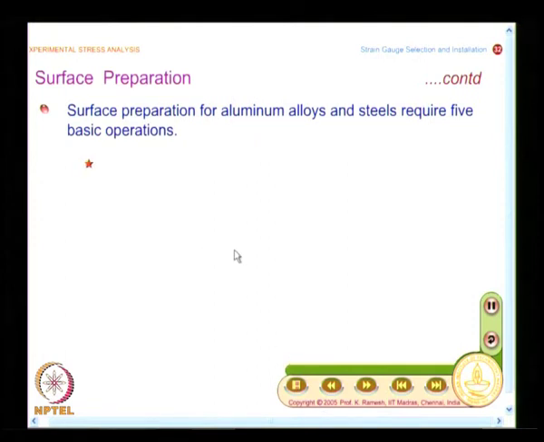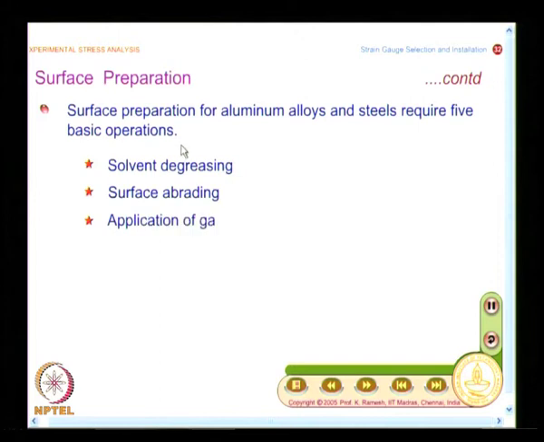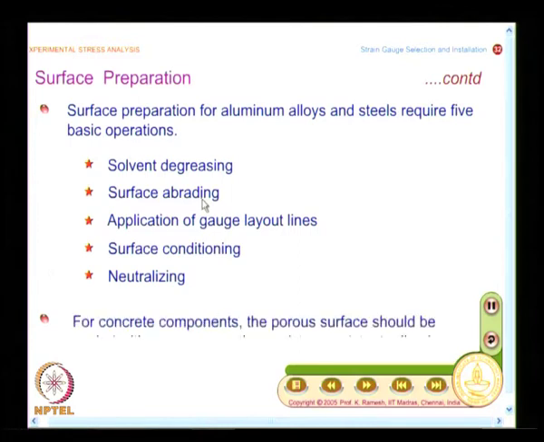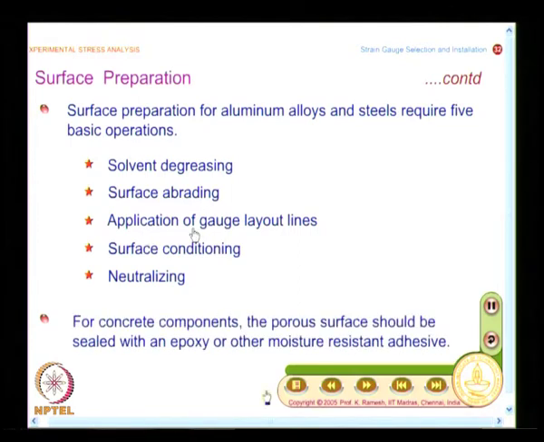And if you look at aluminum alloys and steels, the surface preparation requires 5 basic operations. So, it depends on the base material. So, the steps are solvent degreasing, surface abrading, application of gauge layout lines, surface conditioning and neutralizing.